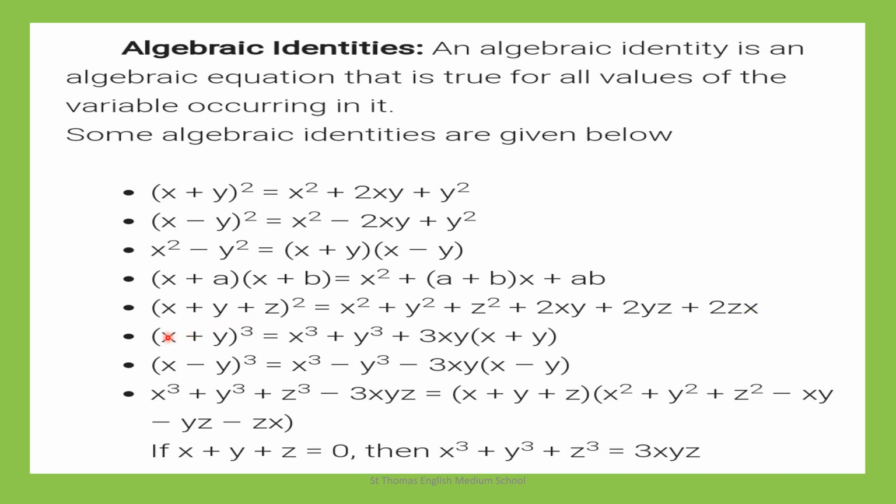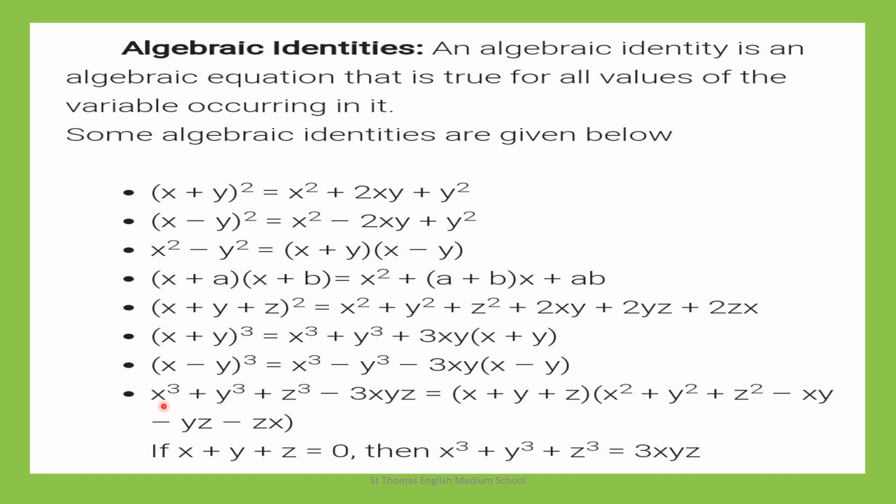Now these are the identities that you are learning the first time, that is x plus y whole cube equal to x cube plus y cube plus 3xy multiplied by x plus y, and x minus y whole cube equal to x cube minus y cube minus 3xy multiplied by x minus y.